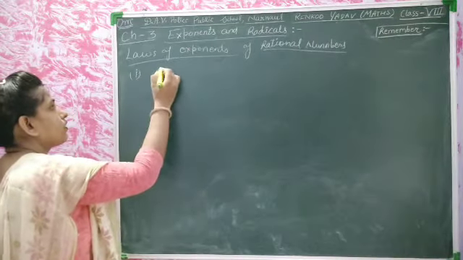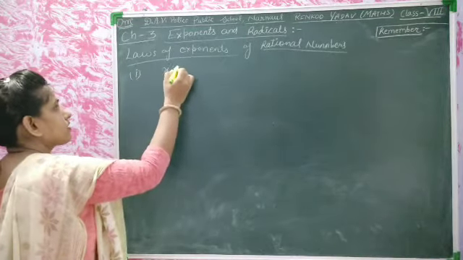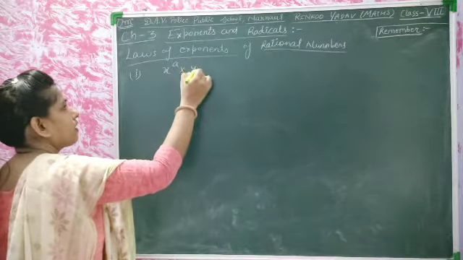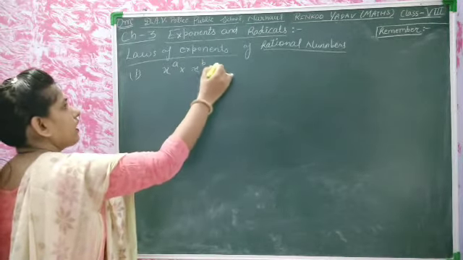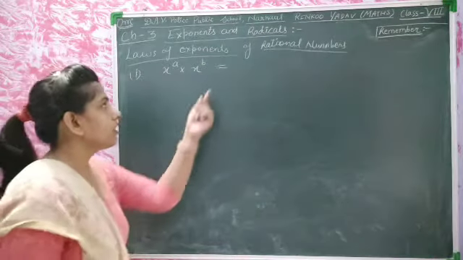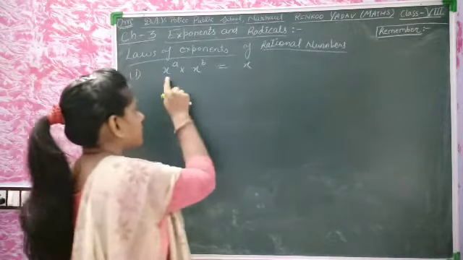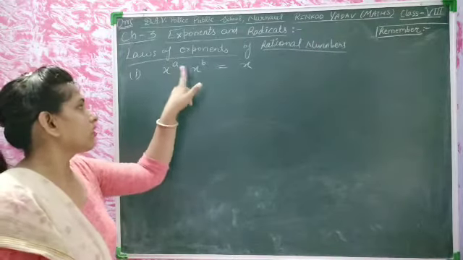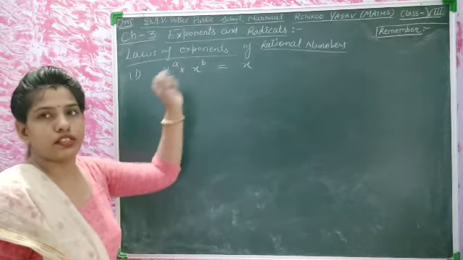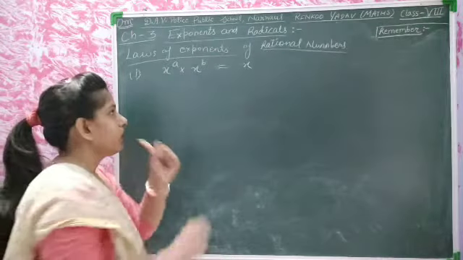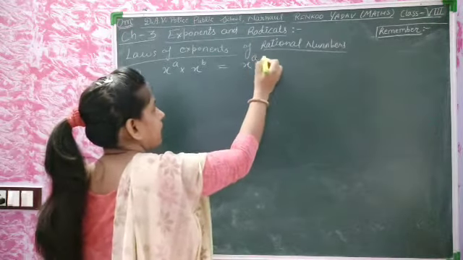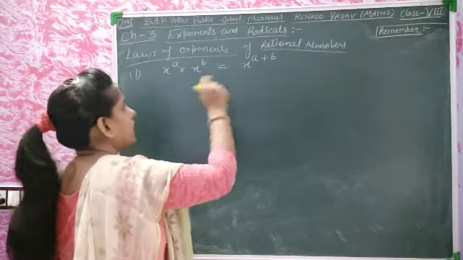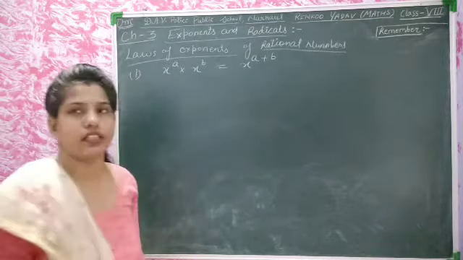There is the first law here: x to the power a into x to the power b must be equal to x to the power a plus b, with the same base. If there is the same base and both are multiplying and the exponents are different, then the base stays the same and the powers are added.